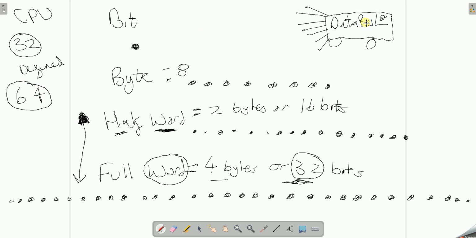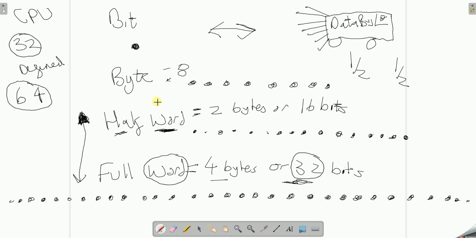Our bus can only deal with 32. So what will happen is half a word will be taken the first journey and the other half will be taken the second journey. So we'll have to make 2 journeys to the CPU and back, or from memory to the CPU.